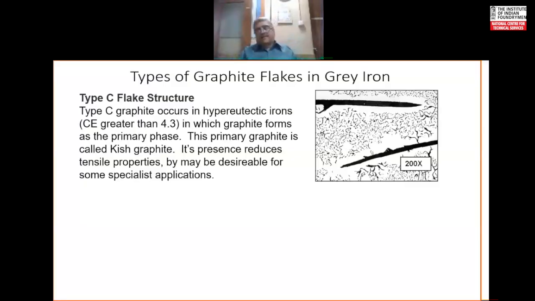This kind of structure can sometimes occur if the iron is over-inoculated where the carbon equivalent is also high. The primary graphite, by the way, is called Kish graphite, and it reduces tensile properties, very large and needle-like.